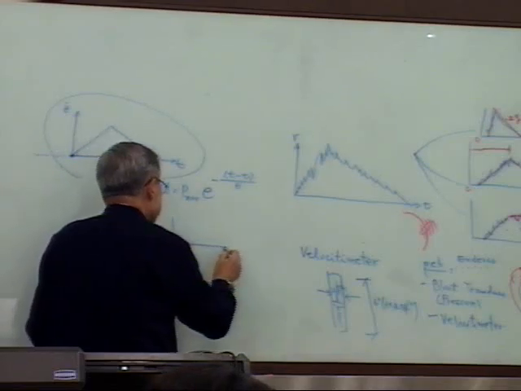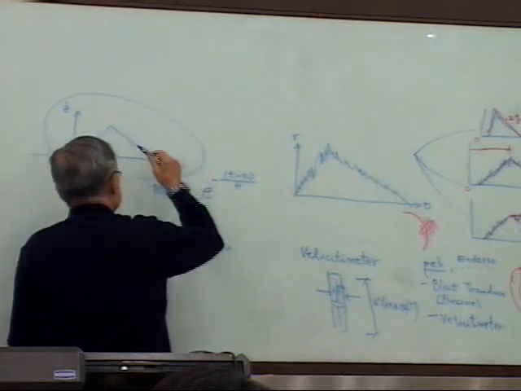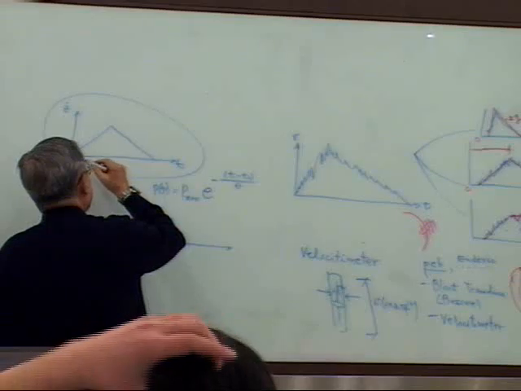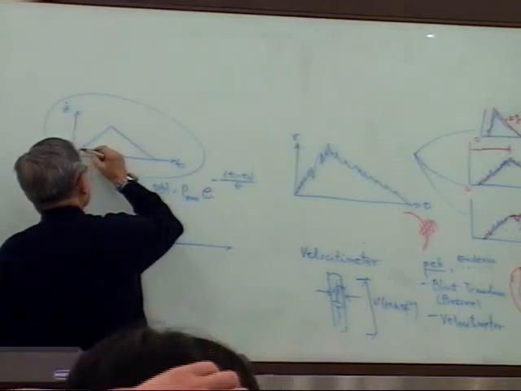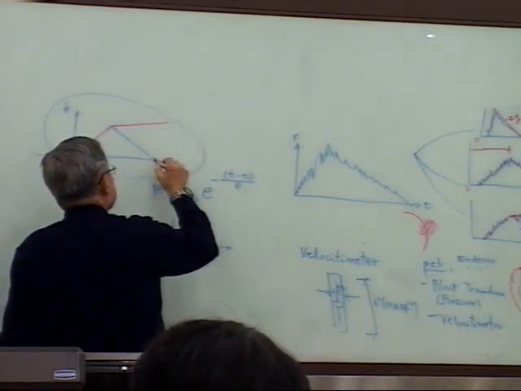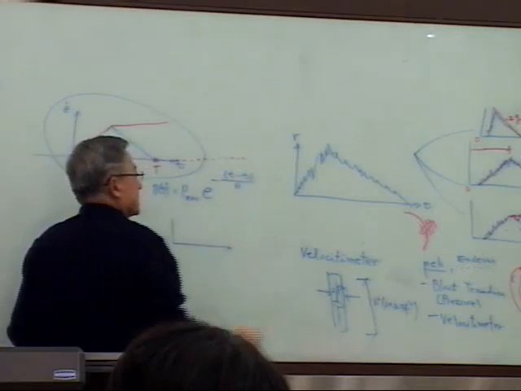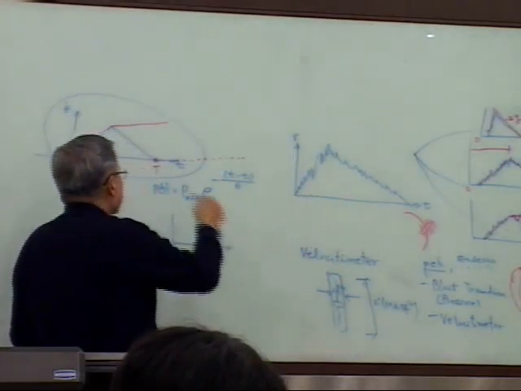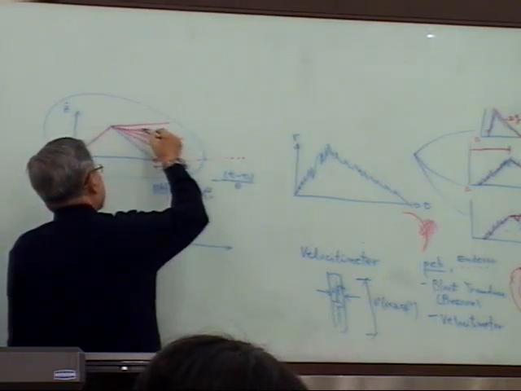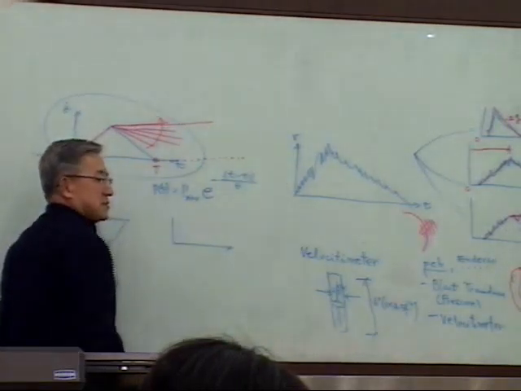Of course, the nuclear situation is also a special case of this triangular pulse response. If this point is T, and you pull this in a long time, this guy will move and eventually approach the horizontal in that direction.